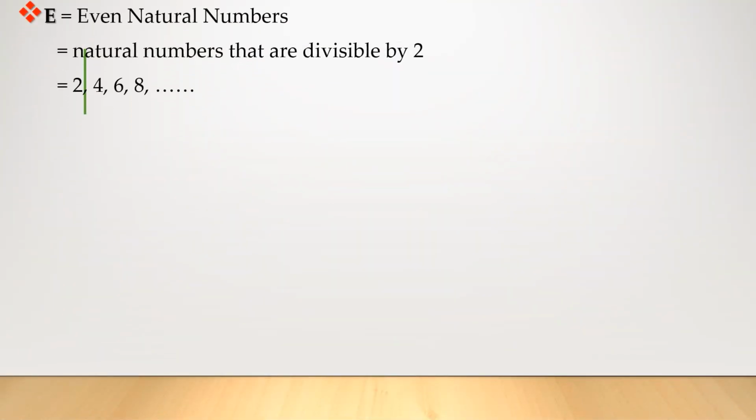The capital letter E denotes even natural numbers, which contain all the natural numbers that are divisible by 2, that is 2, 4, 6, 8, and so on.